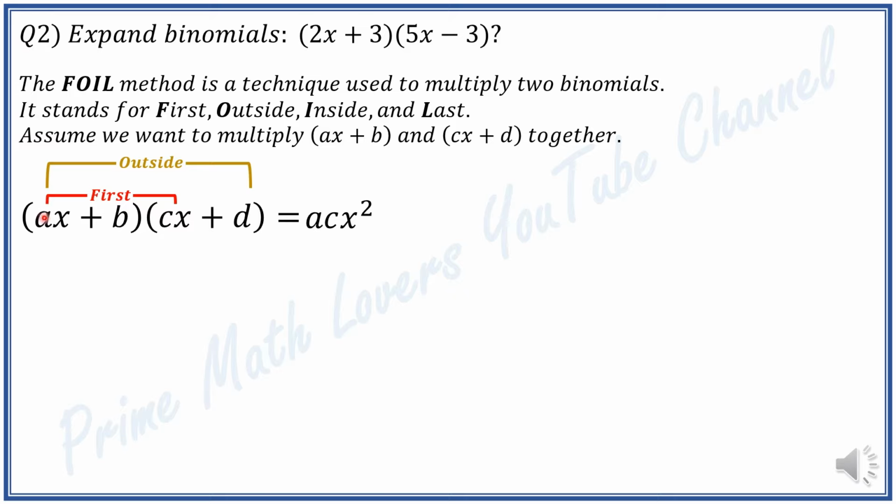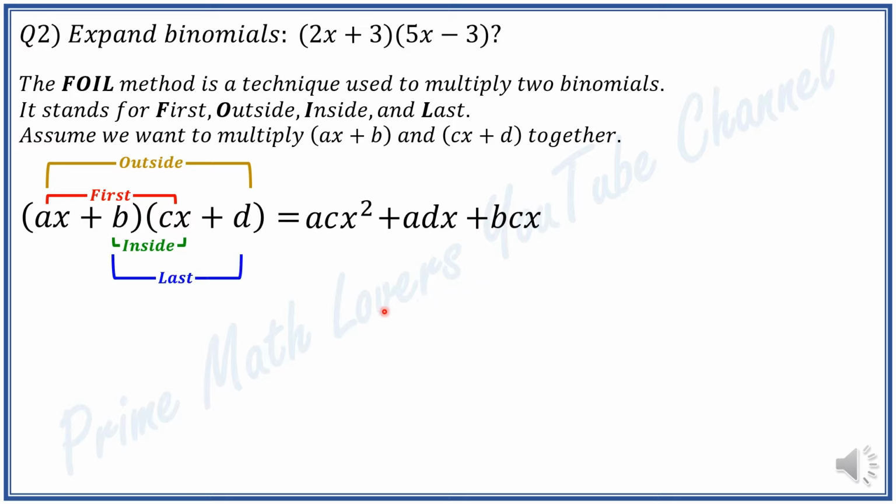Means we multiply ax and d. And the result will be adx. Inside, or inner. Multiply the inner terms of each binomial. Means we multiply b by cx, and the result will be bcx.